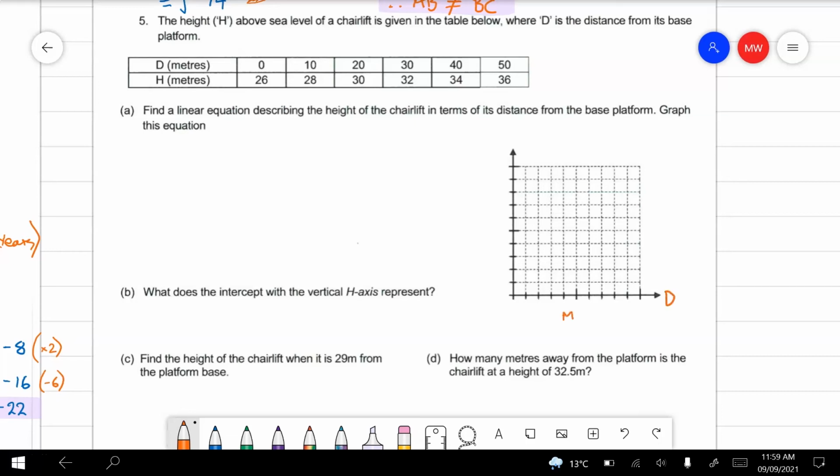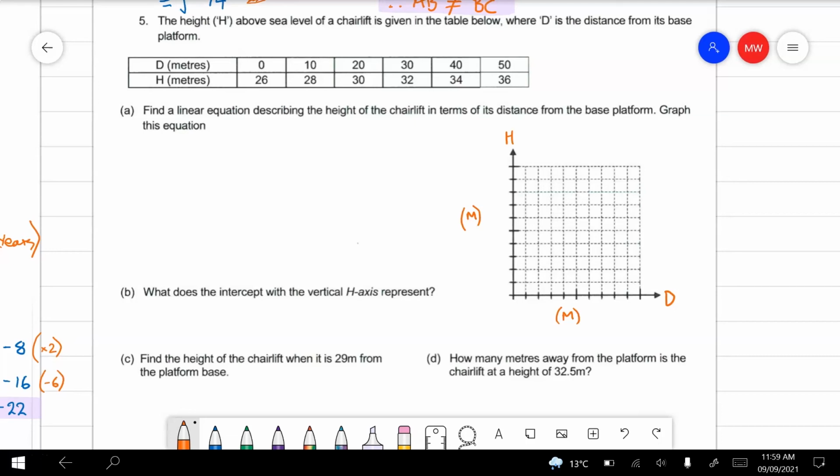Distance in meters is going to be down the bottom, and height is going to be on my vertical axis. It's asking me to find a linear equation describing the height of the chairlift in terms of its distance from the base of the platform and graph the equation. Okay, so we've decided that H is going to be our y-axis and that D is going to be our x-axis.